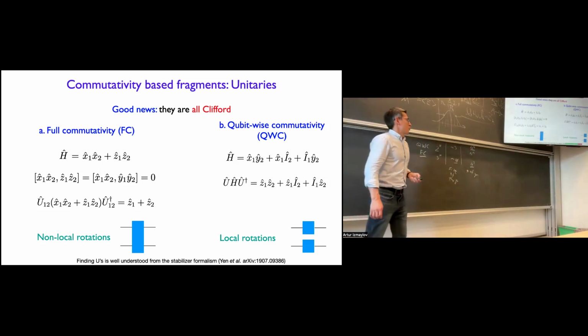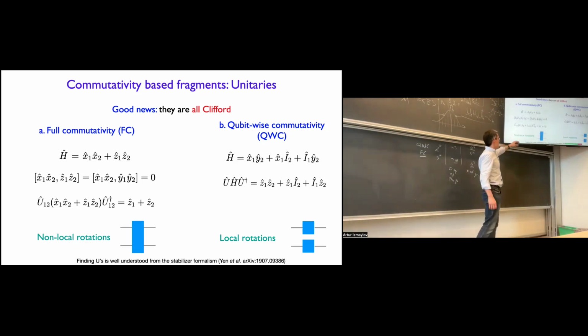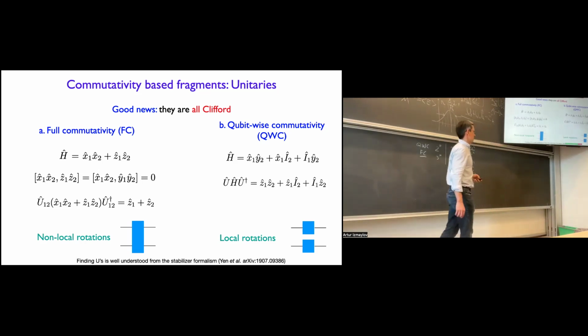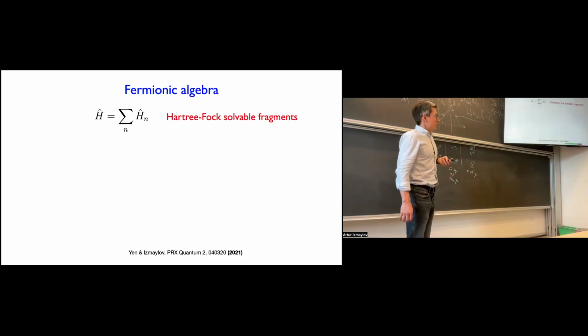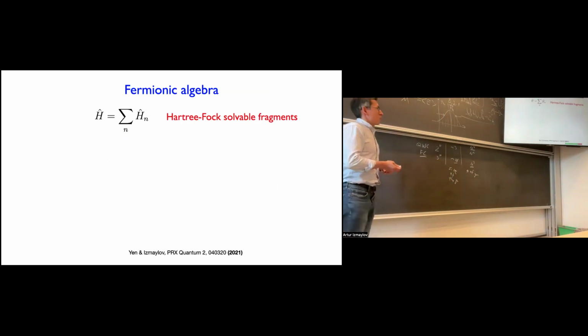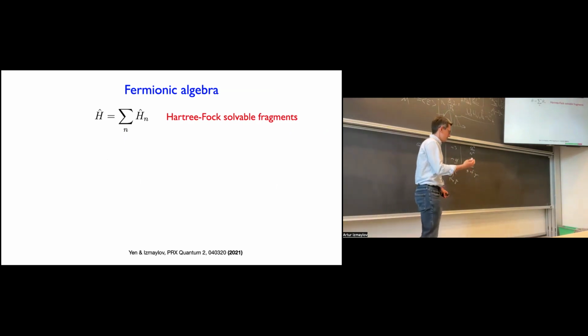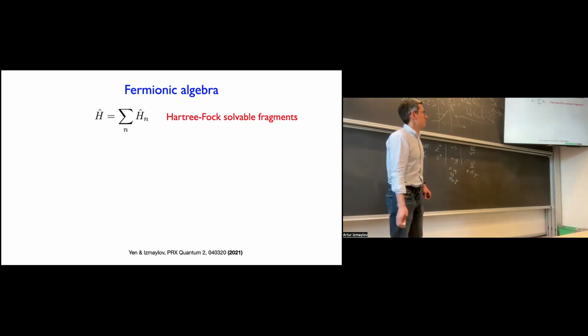Okay, so how to construct these rotations we will discuss later, but it's a very well-known formalism and very mathematically beautiful. Now, with the fermionic algebra, actually this was found first. We can go beyond commutativity, so we can group things which don't commute and still measure them.